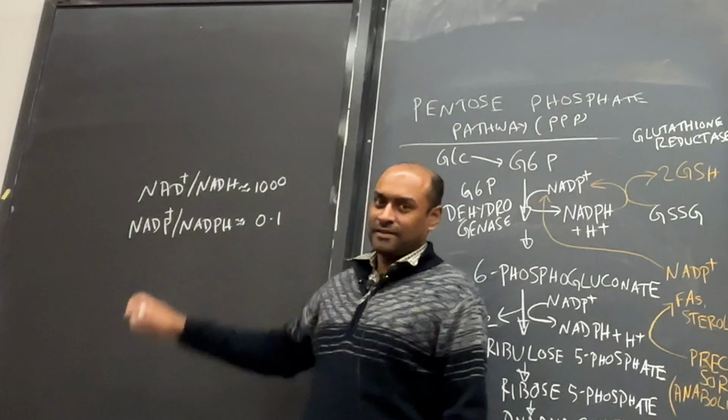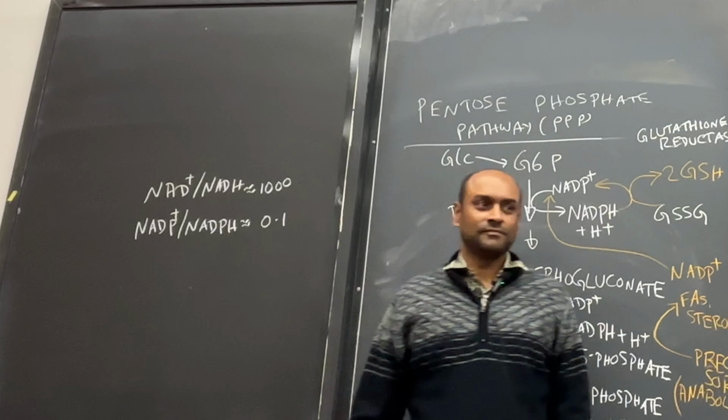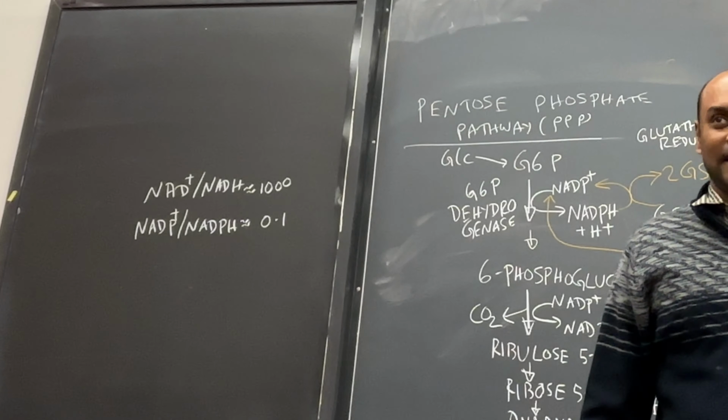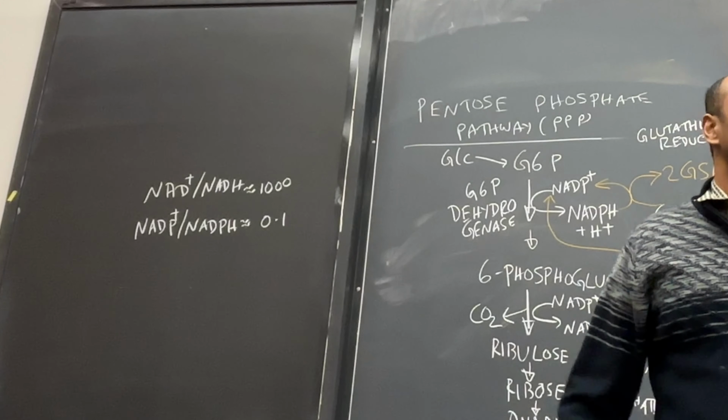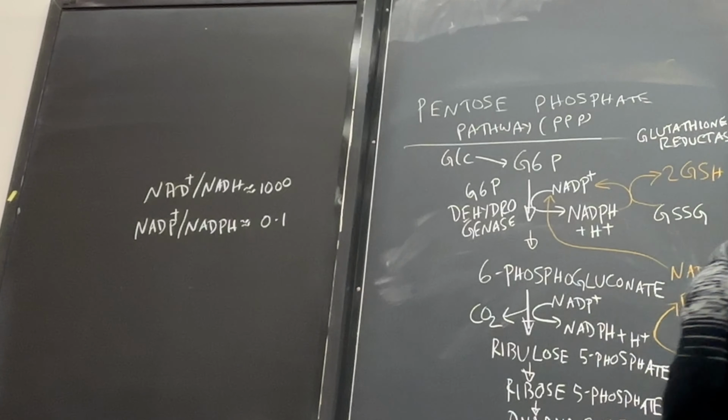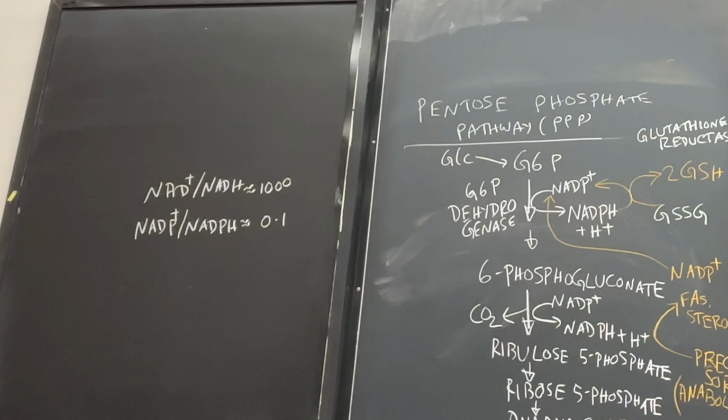What about here on the top? We have a lot more NAD plus than NADH. So now you need to tell me what that means. The numbers make sense, but broader, bigger picture, what does it mean?